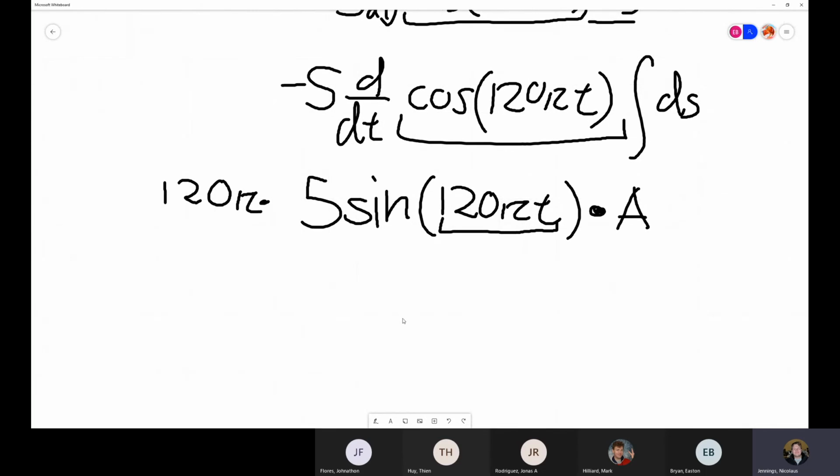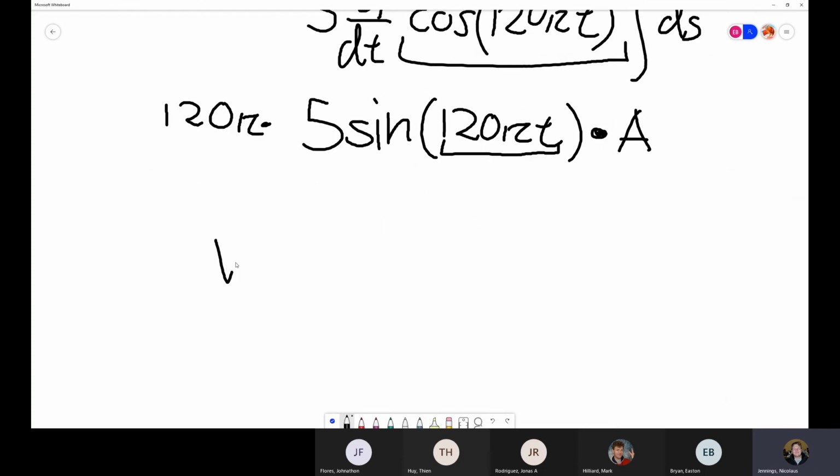Okay, now that we have our VEMF, what are we supposed to solve for first? What we're supposed to solve for is the time-varying electric field intensity. So for this one, we also have to recognize that VEMF is equal to the closed loop integral of E dot dl.